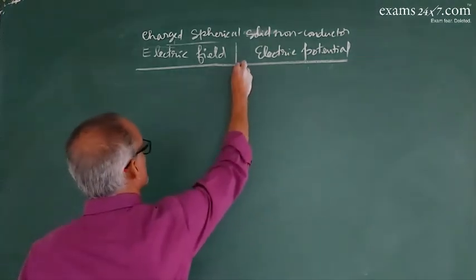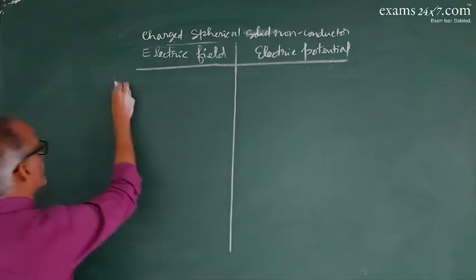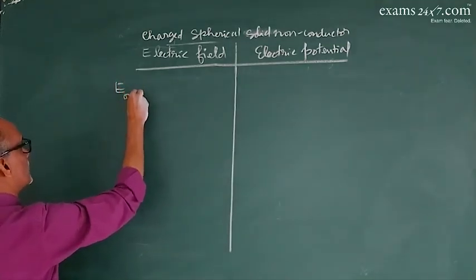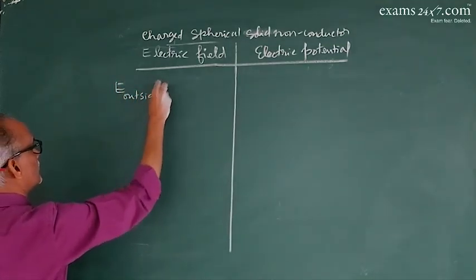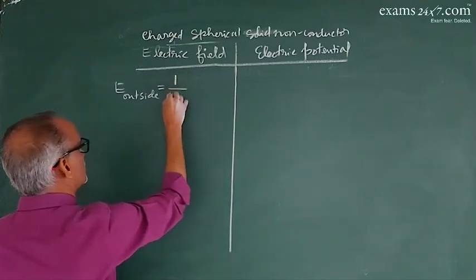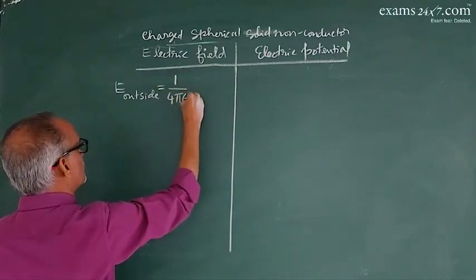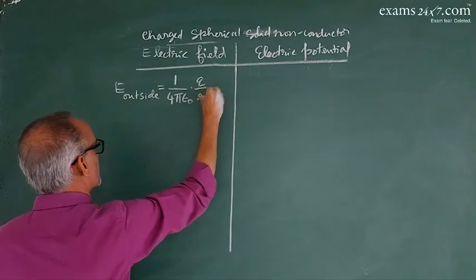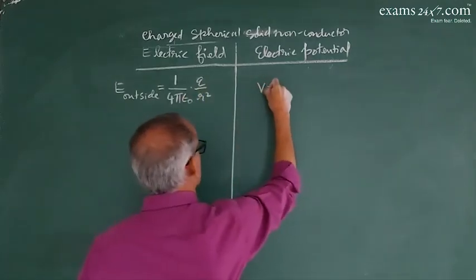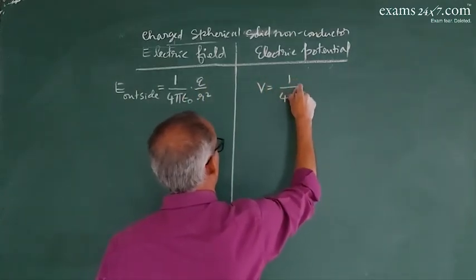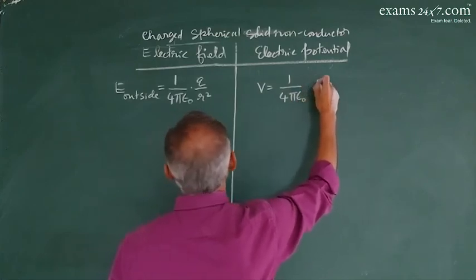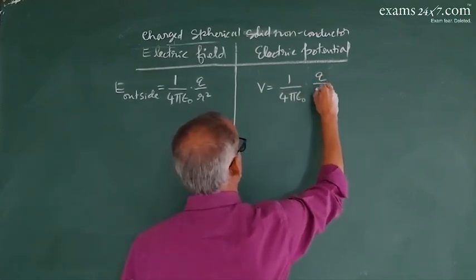So in this case, the electric field outside is same as that in the case of spherical shell, which is 1 by 4 pi epsilon naught q by r square. Potential V is equal to 1 by 4 pi epsilon naught q by r.